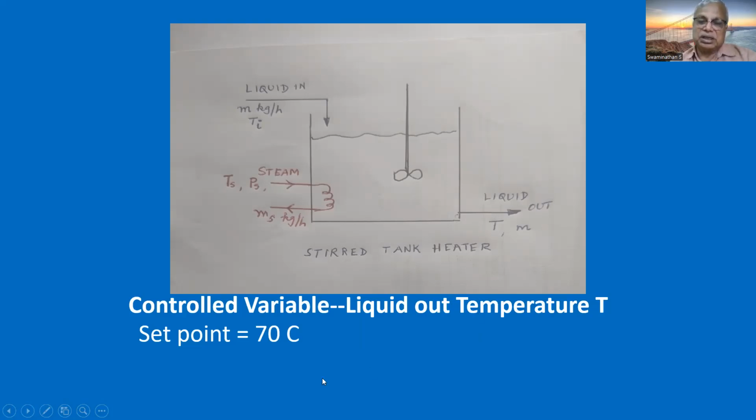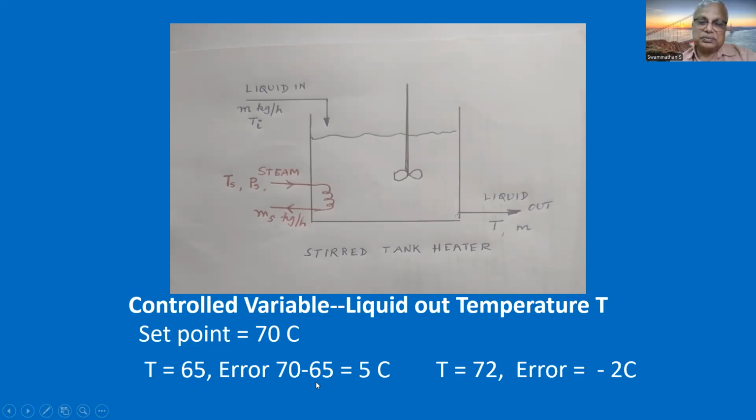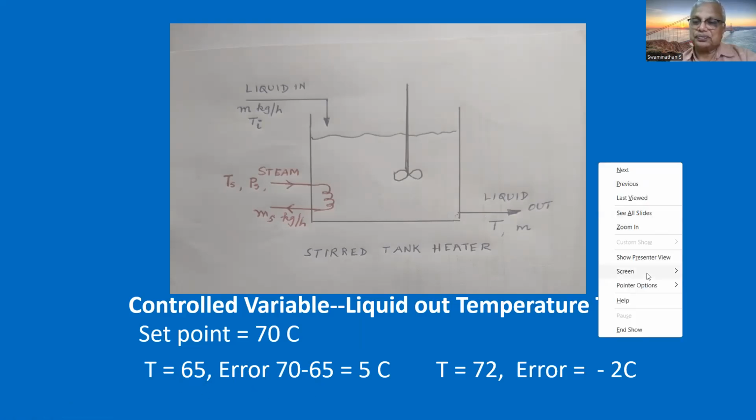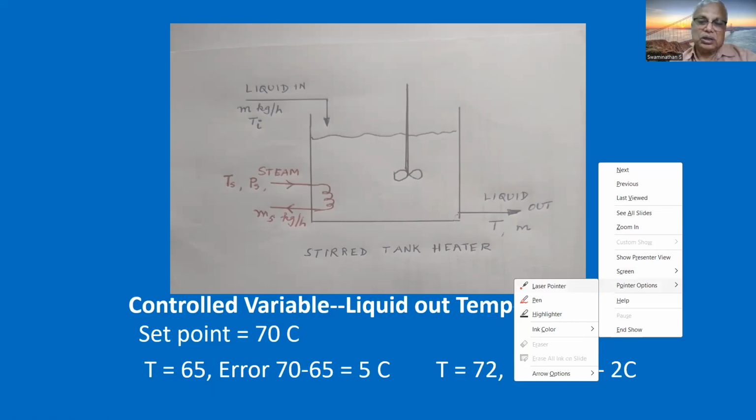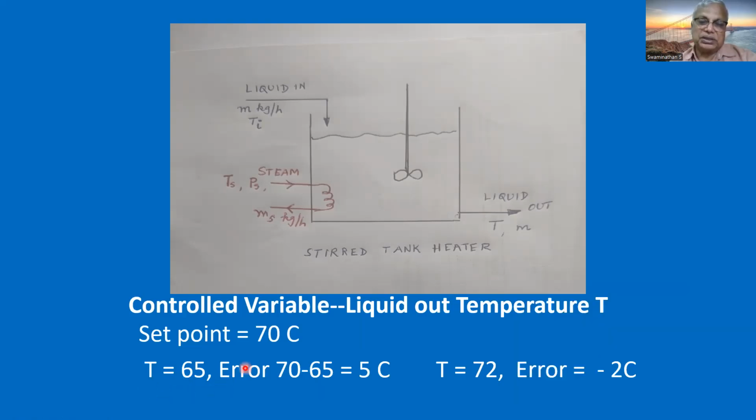Now suppose you measure the temperature at some time and find it is 65 degrees centigrade instead of the desired value 70 degrees. So the error is the set point 70 minus the value of the control variable 65, a 5 degrees centigrade error.